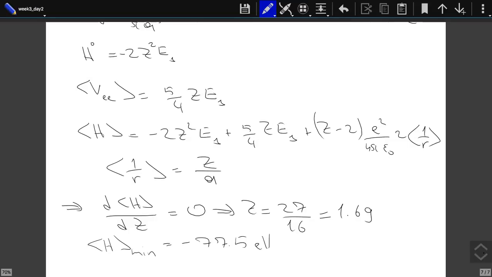Now you can, of course, increase your number of parameters. Like you can put Z1 for one electron, Z2 for the other electron, and minimize with respect to Z1 and Z2, or you can just come up with a wave function with hundreds of parameters. It will be a better approximation, but basically it gives the idea.